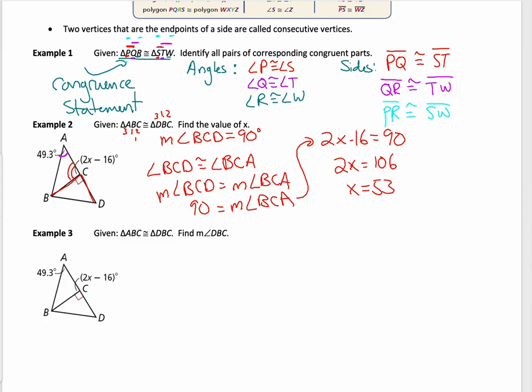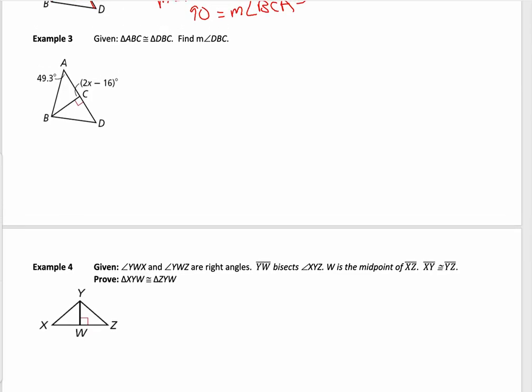So let's do the same thing, but this time with just the congruence statement on example 3. I'm looking now at angle DBC. So if we look at DBC, we're talking about this angle, okay? Well, this angle isn't forming a linear pair with anything, so I can't use that way. I'm going to have to focus on the congruence statement. And if I look at DBC, that's the letters in order. So the corresponding angle is going to be ABC, right?